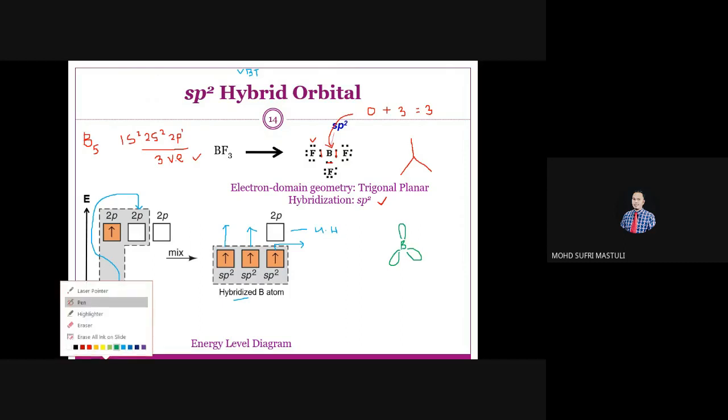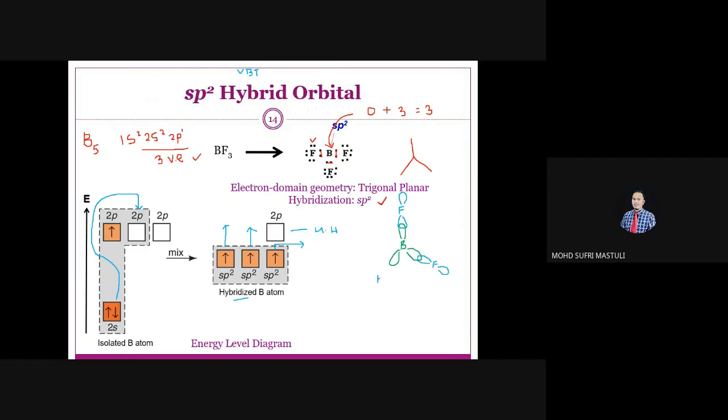So the sp2 orbitals are drawn in the middle in a trigonal planar arrangement, and they overlap with the F orbitals. F uses its p orbital because its valence electron is in a p orbital. We draw it nicely on the trigonal planar geometry.